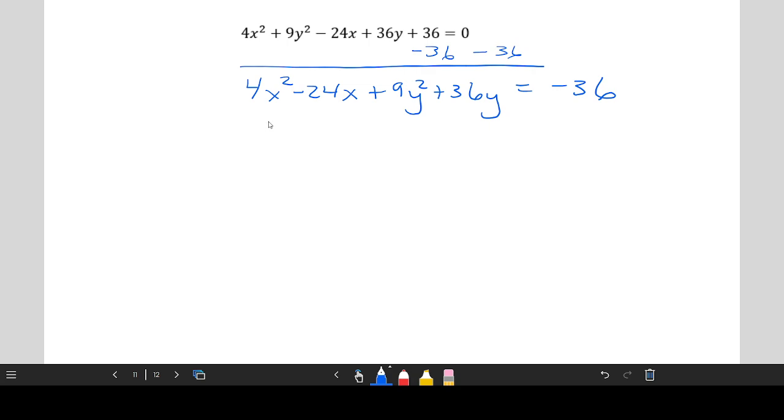Now this time both of the squared terms have a coefficient that's not 1. So since we have 4x squared, we're going to factor a 4 just from the x terms, not any of the other ones. So we're going to have x squared minus 6x there.